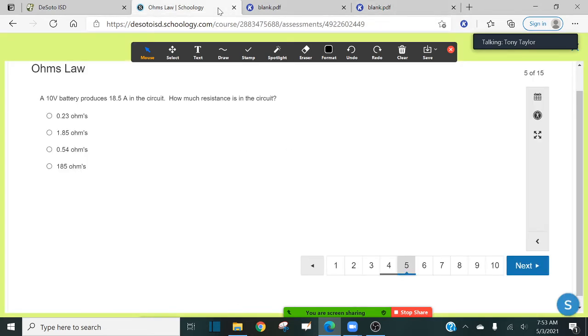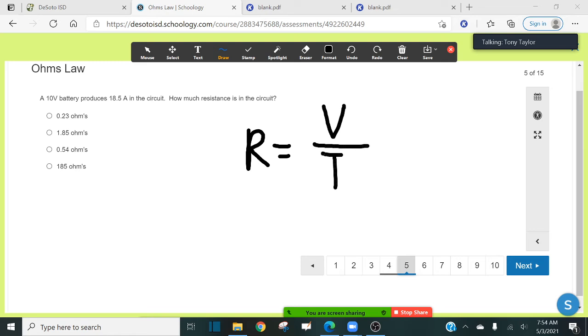Okay. So resistance is equal to voltage divided by current. Okay. So our voltage is 10 volts. Our current is 18.5 amps. Okay. So in order to do the math there, let's see what we get.